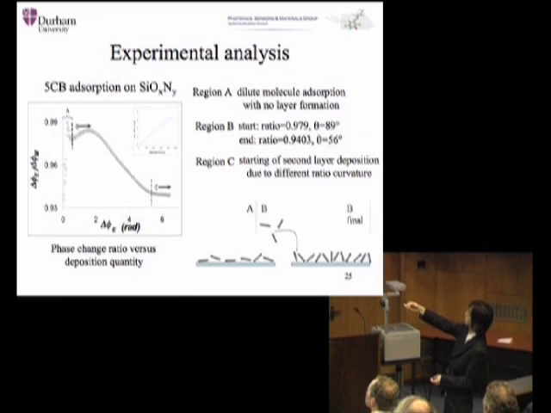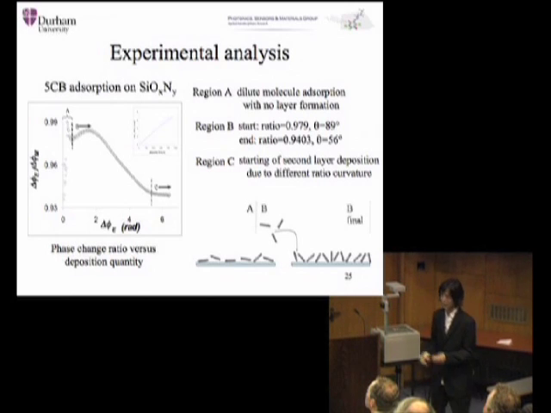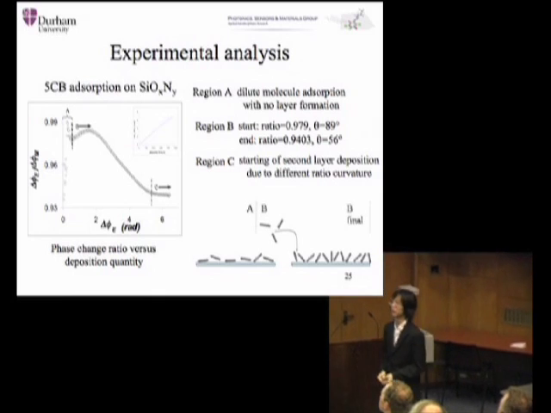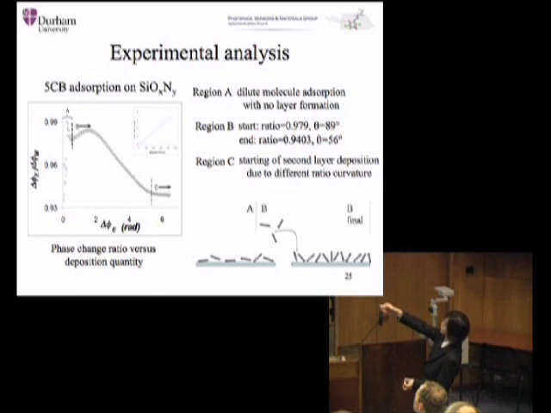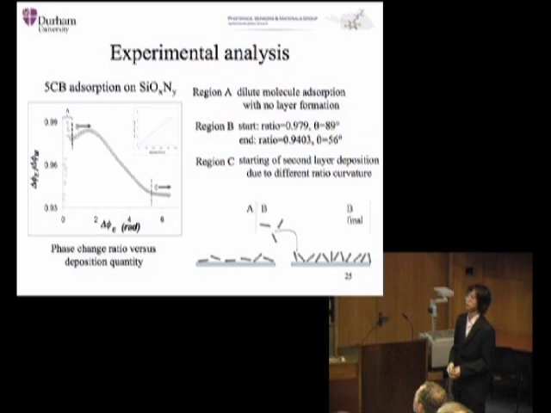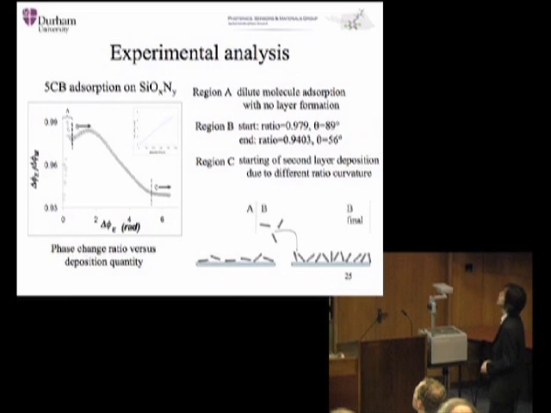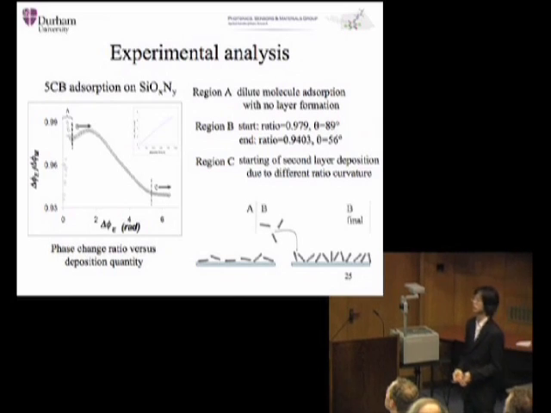According to the curvature changes of this diagram, we can basically classify it into 3 different phases of the deposition. The first phase is in region A. What we see here is a big fluctuation of the ratios, which means we have dilute molecules absorbed on the surface.